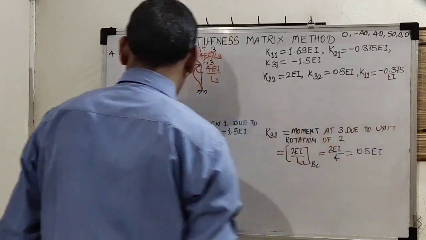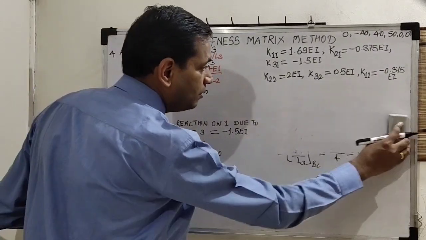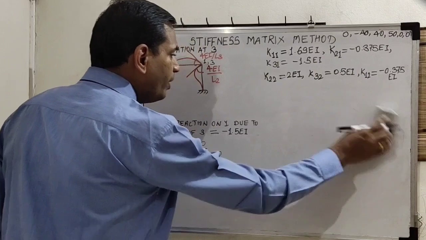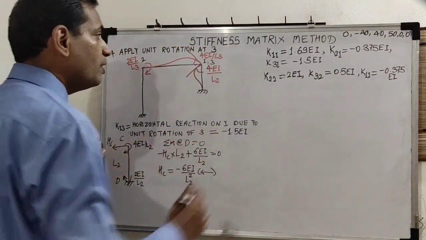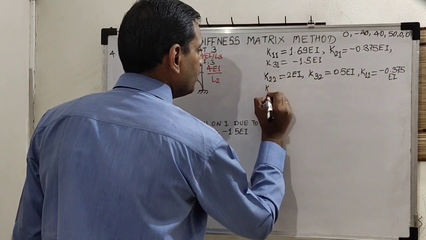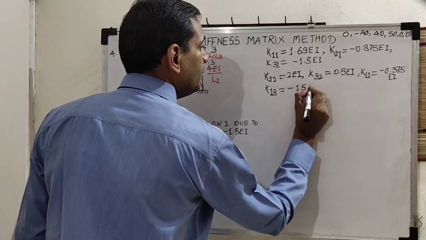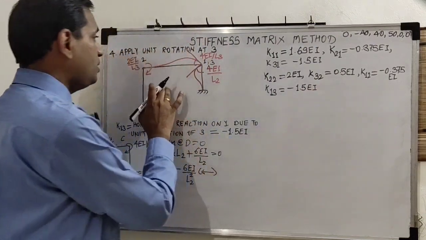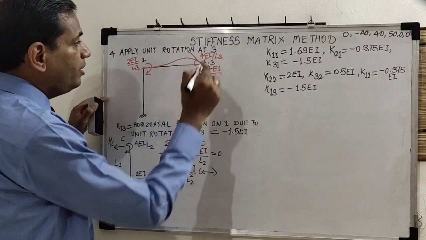Okay. Now the remaining two values we will get. K13 we have got, K13 is minus 1.5 EI. Now from this step we have to get two more values. One is on 2, another is on 3.